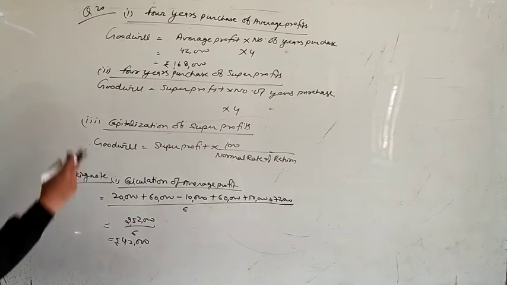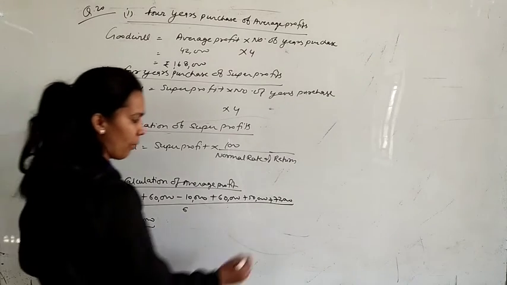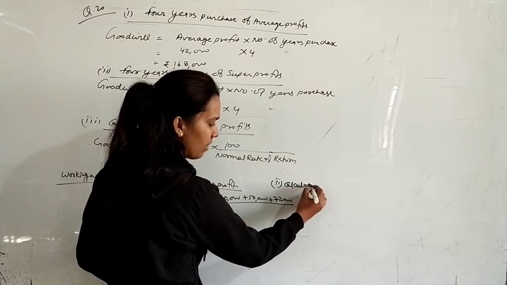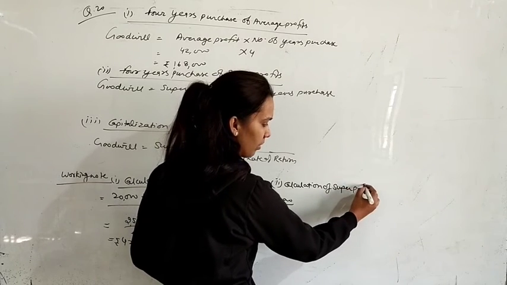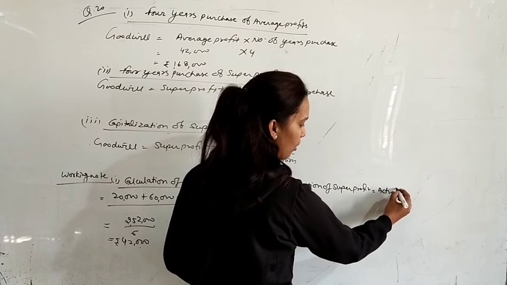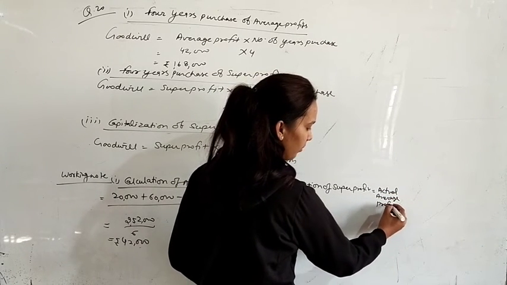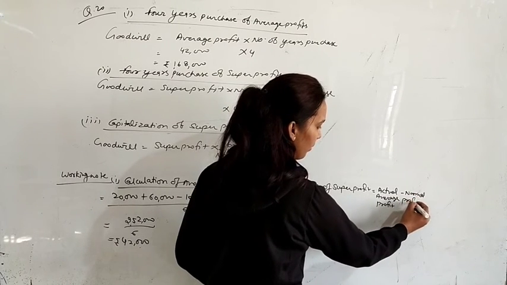Okay. In second one we need super profit. So write down the second one topic, that is calculation of super profit. Super profit equals to actual average profit minus normal profit.